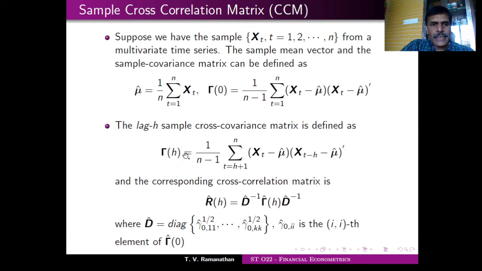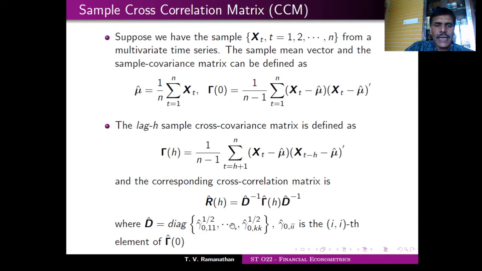What is this gamma h hat? It is lag h. That means the covariance between xt and xt minus h. So I have this particular definition for that. And the corresponding correlation matrix, of course, we have seen this definition: D inverse gamma h D inverse, and here the estimator is D hat inverse gamma hat h D hat inverse, where D hat is the diagonal of this.